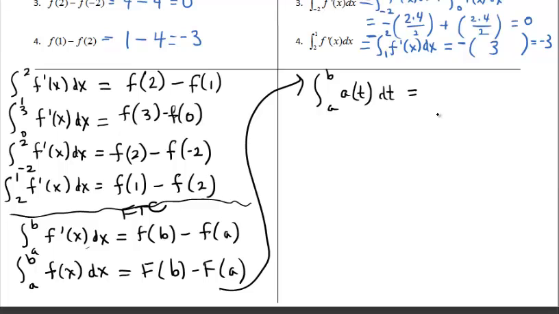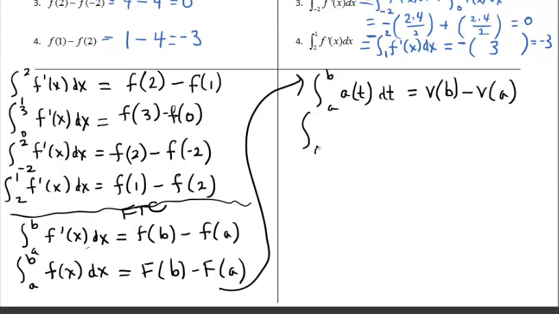Acceleration is the derivative of velocity, so we're going to go back to a velocity symbol evaluated at the upper limit minus velocity at the lower limit. So if I could find the value of this integral, it tells me the change in the velocity, in whatever units I might be working with, from a to b.